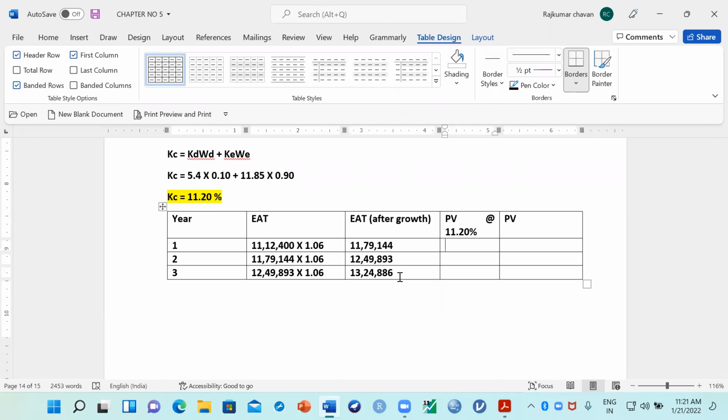How much will the first year value be? Can you put your answer in the chat box? Present value of 11.2% discounted at 1. How much will the first year value be? 1 divided by 1 plus 0.1120 raised to the power of 1. What will be the value?